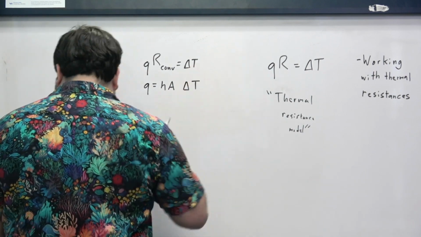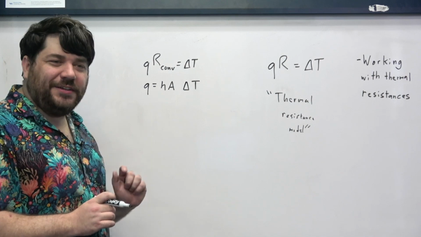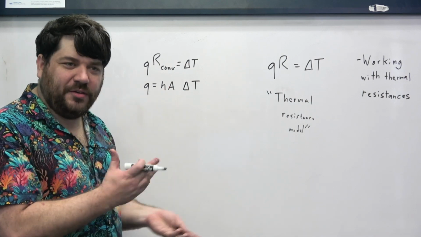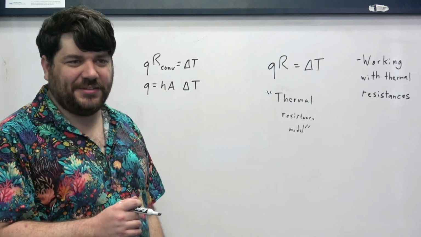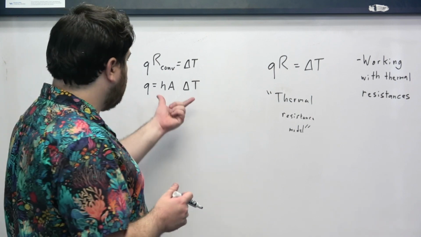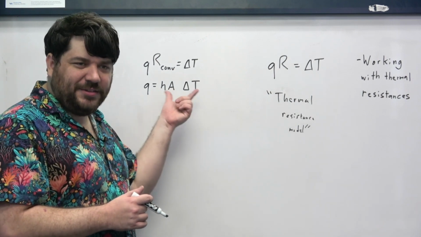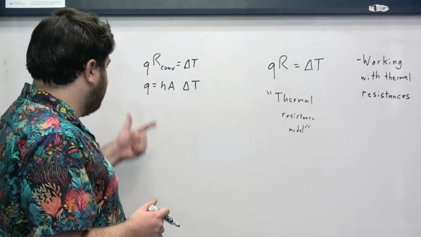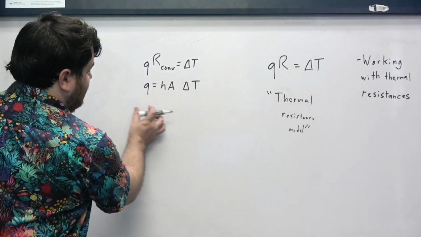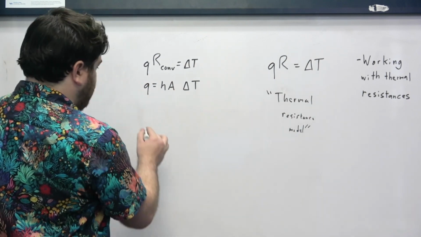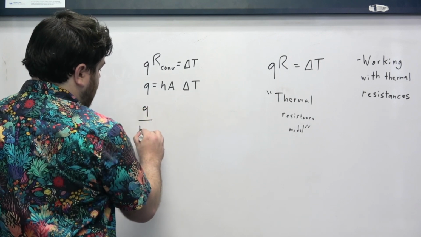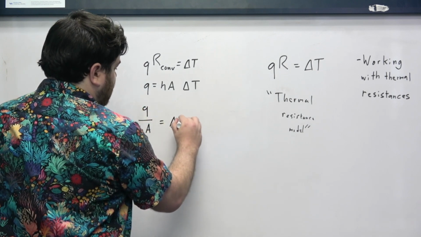I guess I should just write A, where this is the heat transfer coefficient, this is the surface area over which the heat transfer takes place, and this is delta T, okay? Because this is true, we can rewrite this. We can move this portion of the expression over here and say, well, Q over hA is equal to delta T.